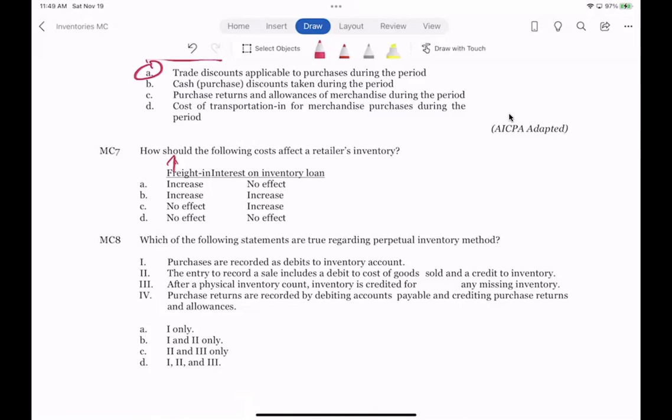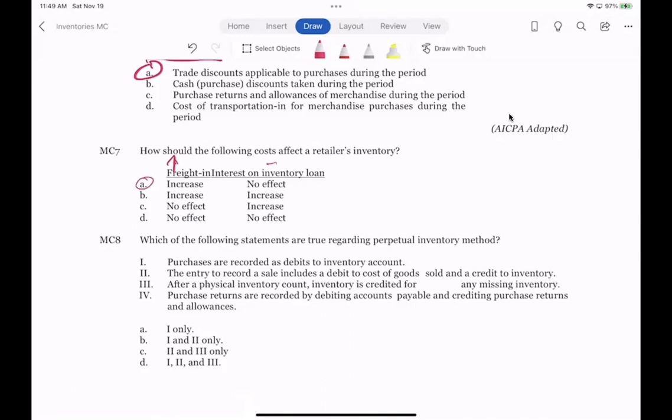So let us say we are constructing a ship and it takes several months or even years to fully complete the ship. And we borrowed funds to finance the construction of the ship. Then in that case, the item is a qualifying asset, provided that that ship qualifies as an inventory. Ordinarily, it's not. Therefore, it's letter A, increase for freight in and no effect for interest on inventory loan.